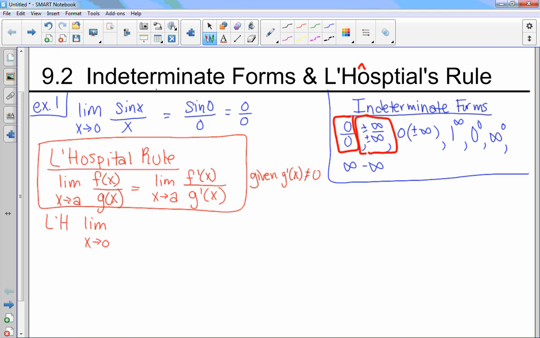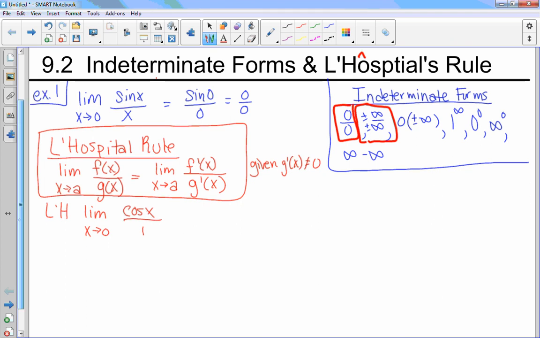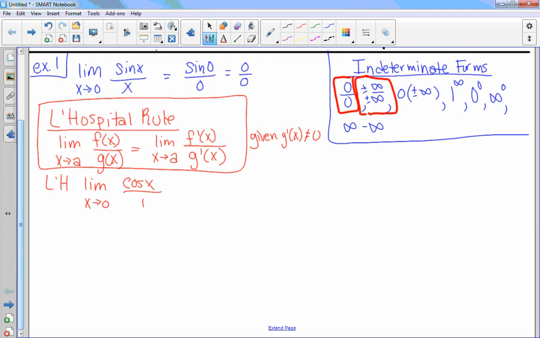Cosine changes signs, cosecant changes signs, and cotangent changes signs when you're taking the derivative. So the cosine x, what's the derivative of x? 1. Okay? Now if we plug in our 0, once we plug in a 0, remember we drop the limit sign. So as x approaches 0, cosine of 0 is 1 over 1, which is 1.